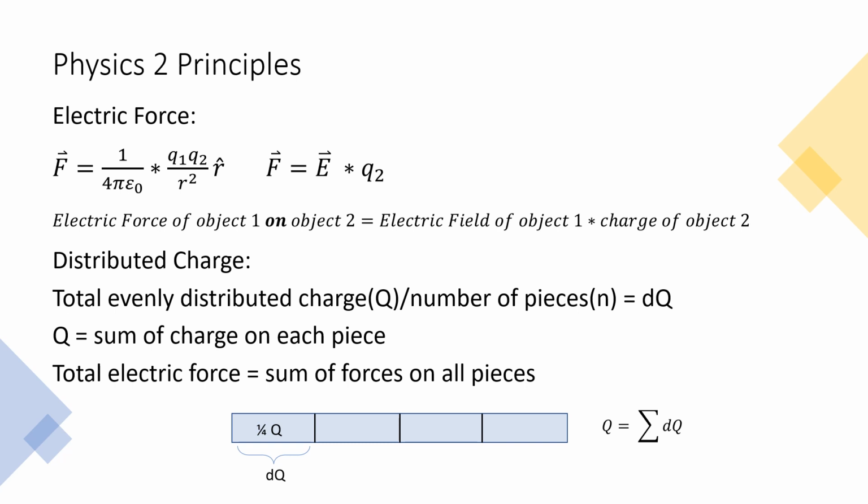So the charge itself can be shown as either a point charge, where all of the charge is assumed to be in one single point, or shown as distributed, where it's evenly distributed across the entire surface or mass of the object. So each total charge can be divided by the number of pieces to yield dq, or the change in charge per piece. And then the force on each piece can be determined and summed to find the total electric force on the object.